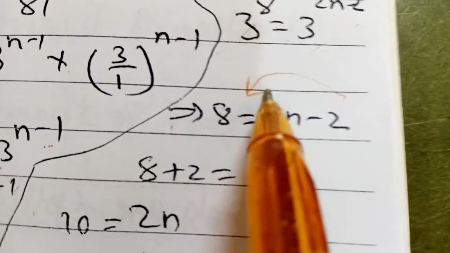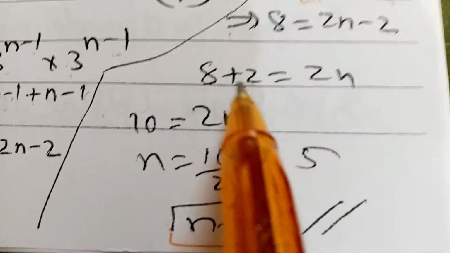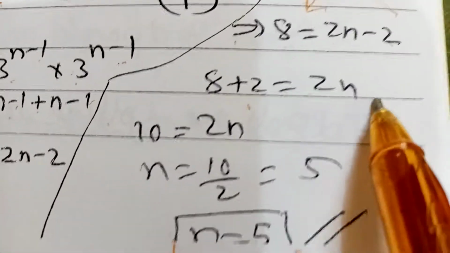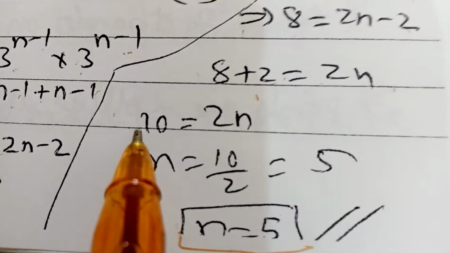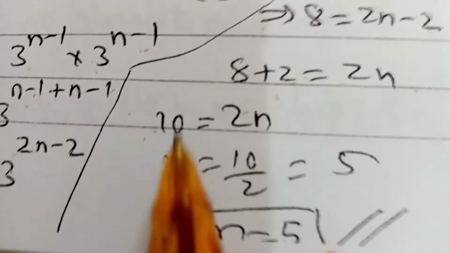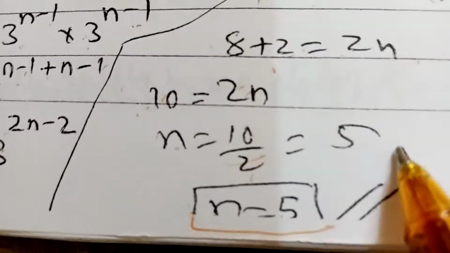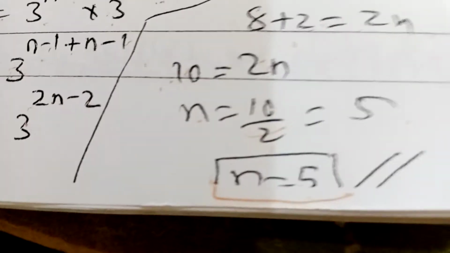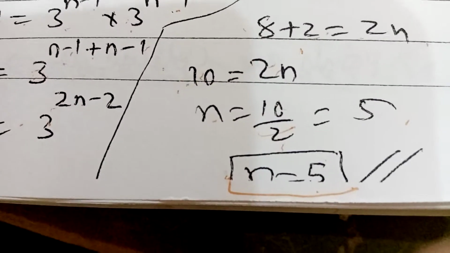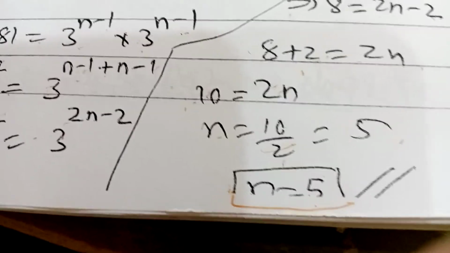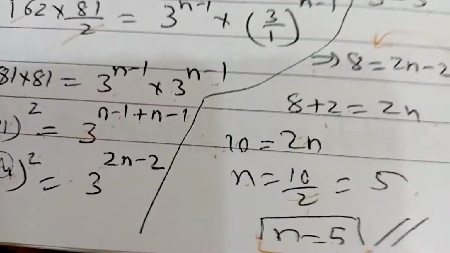Send minus 2 there, it becomes plus 2. 8 plus 2 is equal to 2n. 8 plus 2 means 10. Divide by 2, n is equal to 10 by 2. 2 1s are 2, 2 5s are 10. So n is equal to 5. So this concludes geometric progression. Okay, that's all.